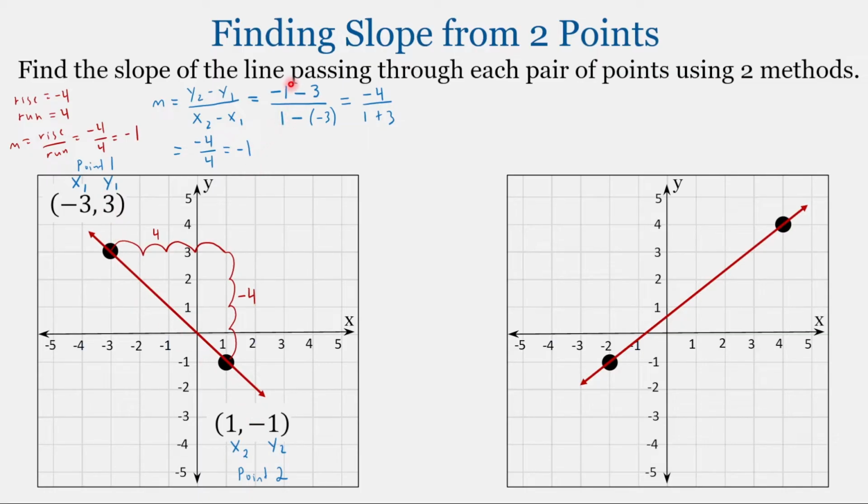So in this case, here are the coordinate values for point 2. We have a y value of negative 1 and an x value of 1. And this here is point 2. And then we subtract from point 2 the y and x coordinates of point 1.